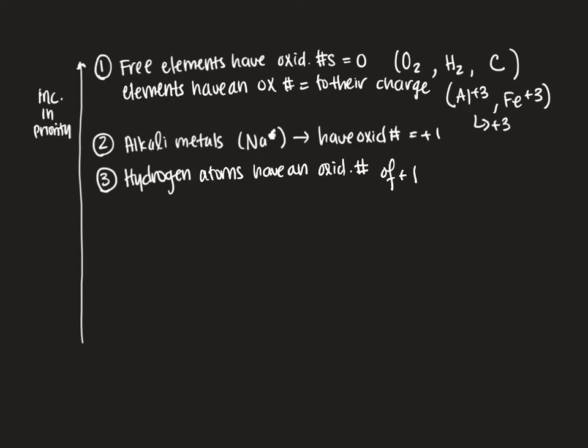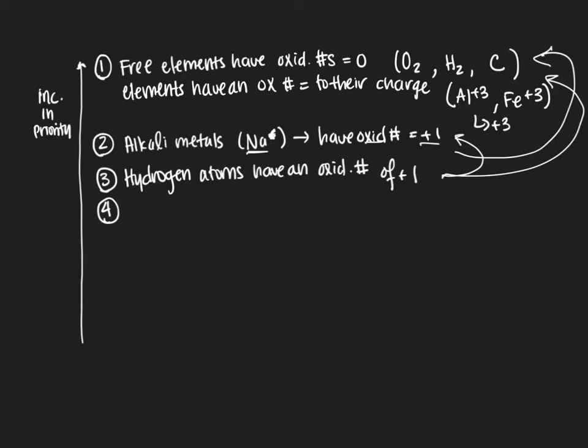Alkali metals have an oxidation number of +1 unless it's negated by rule number 1. Hydrogen is +1 always, unless rule 1 or rule 2 conflicts with it. So you always look at rule number 1 first, and then puzzle piece the rest together. That's where the priority comes into play.